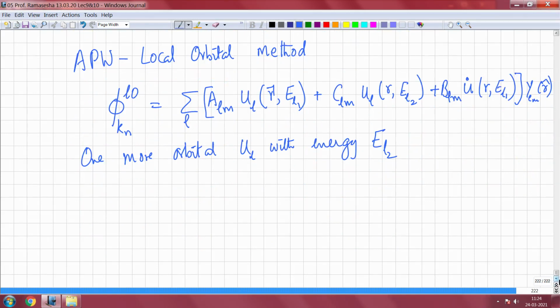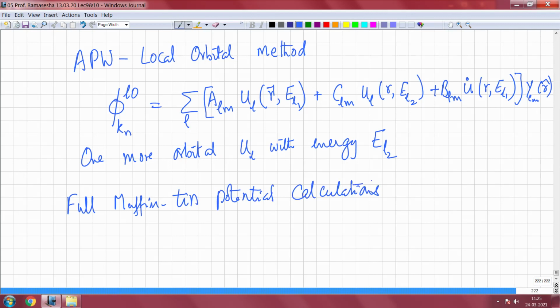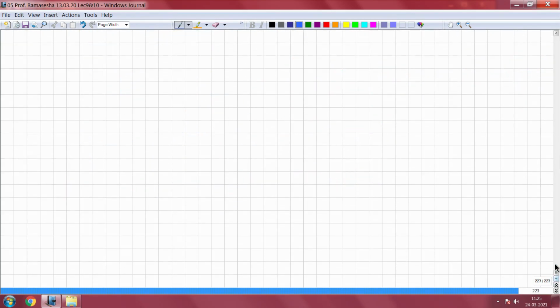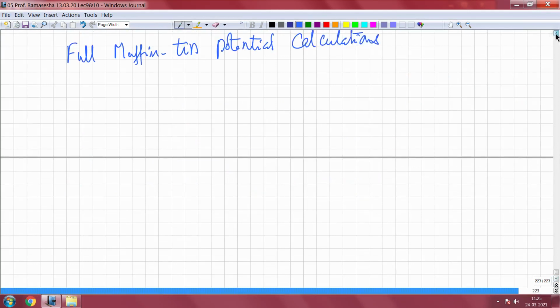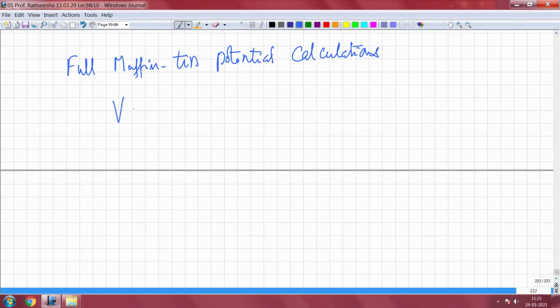APW local orbital calculations together with the density functional theory are supposed to give you pretty good energy band structures. Then there is another thing people do, full Muffin-Tin potential calculations. In the full Muffin-Tin potential calculations, you see that earlier what we did was we took V Muffin-Tin at a particular atom as the center of the atom as nothing but the V at that atom.